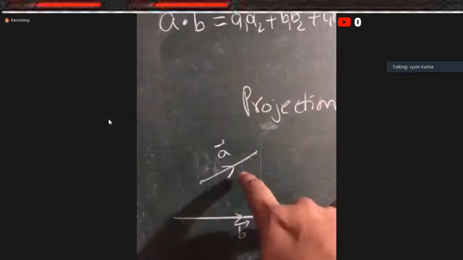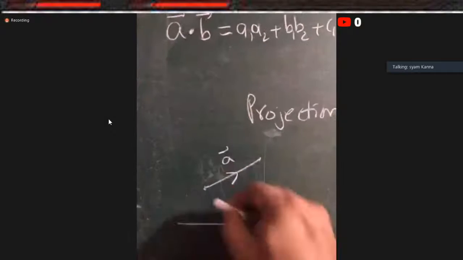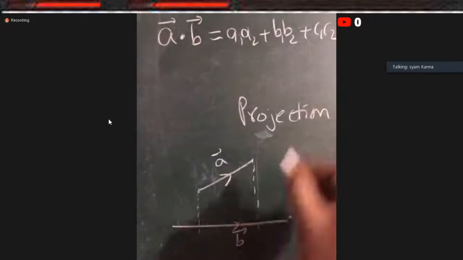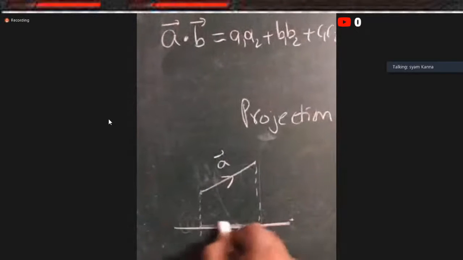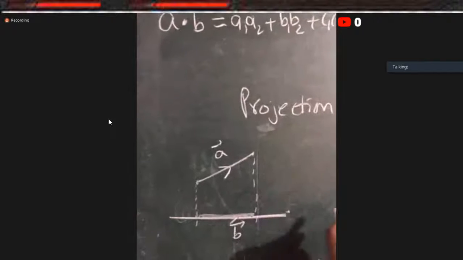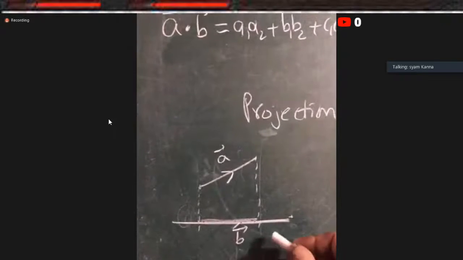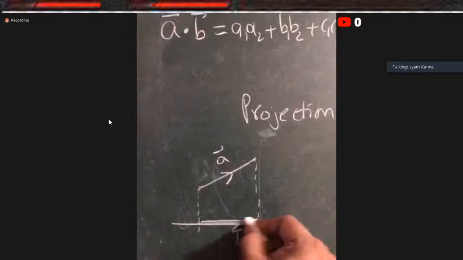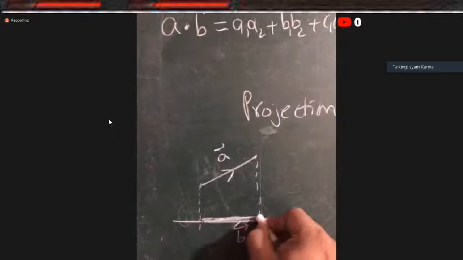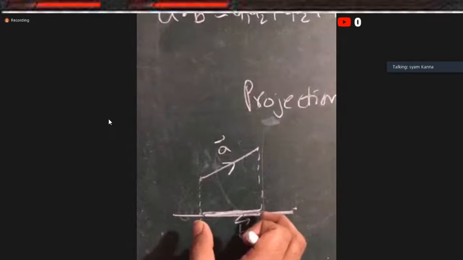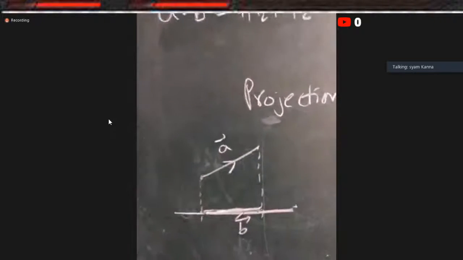I want the shadow of this vector on this vector. Drop this point. This length is known as the projection. The shadow of this vector on this vector is known as the projection of A bar on B bar.